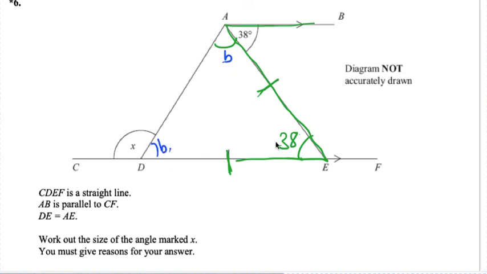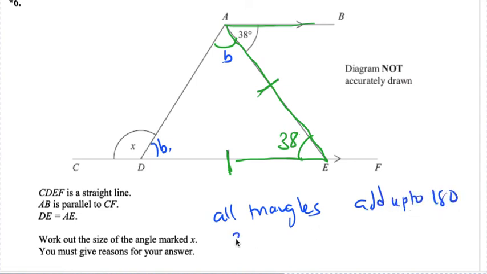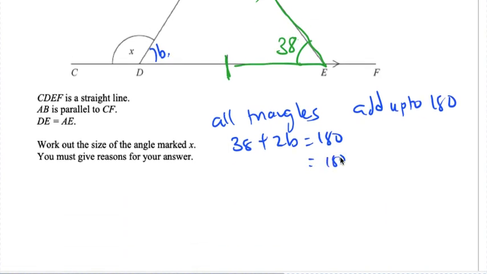All triangles add up to 180. So 38 plus 2b is 180. If we take 38 from 180, we get 142. So 142 is 2b. If we divide by 2, b is 71.